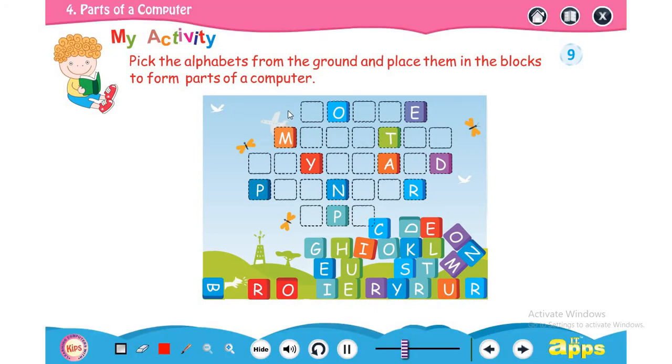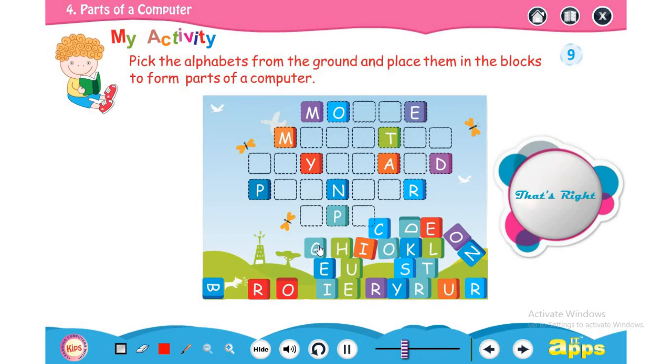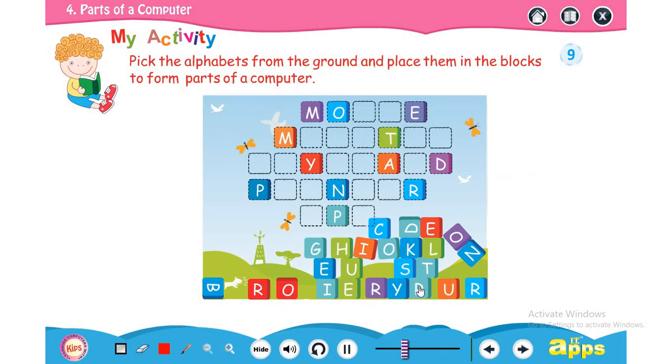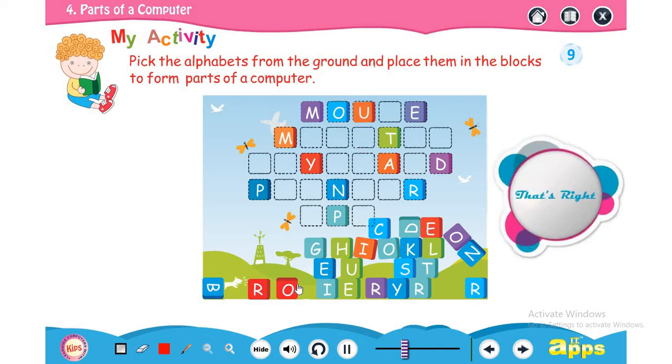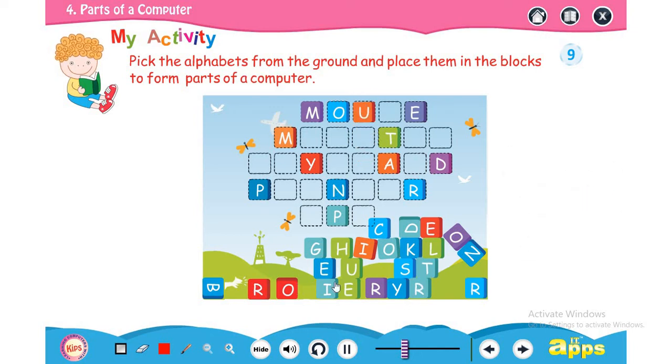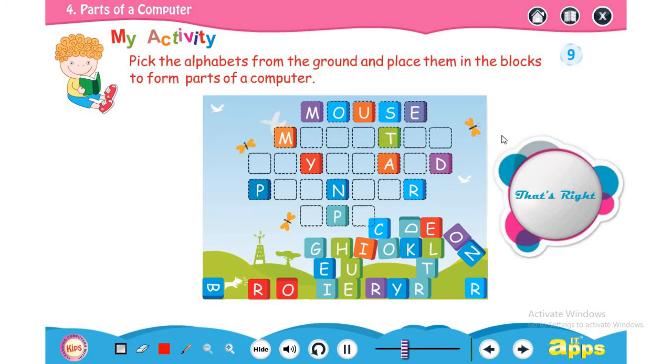So first is what? MOUSE, mouse. So collect M, O, U. So where is U? Here. U. And where is S? So first one is a mouse.